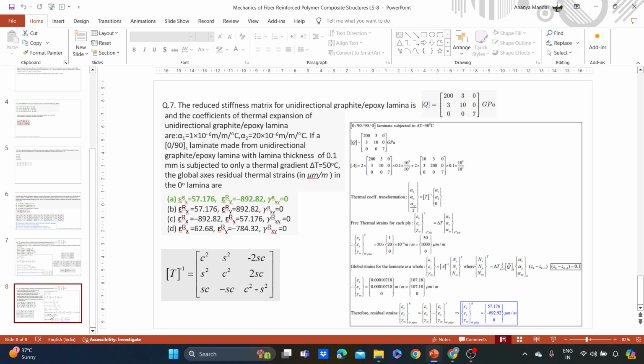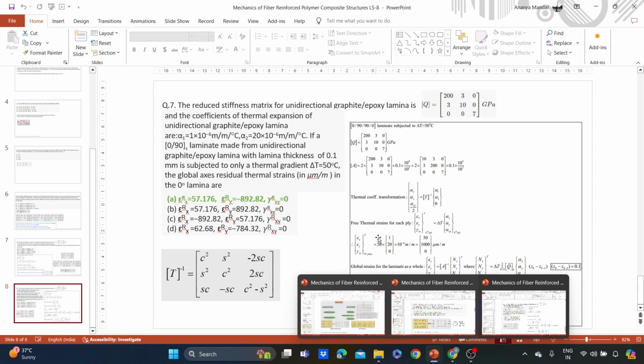Now here there is no curvature, so global strain will be equal to the mid plane strain. That was because of the direct load you took. From a load you get a strain, so that was a separate one that you got: epsilon x, epsilon y, and gamma xy. Keep it aside. Next, in this question they are only considering the strain due to the temperature change. So all that is done in this question is to find the strain because of temperature change.